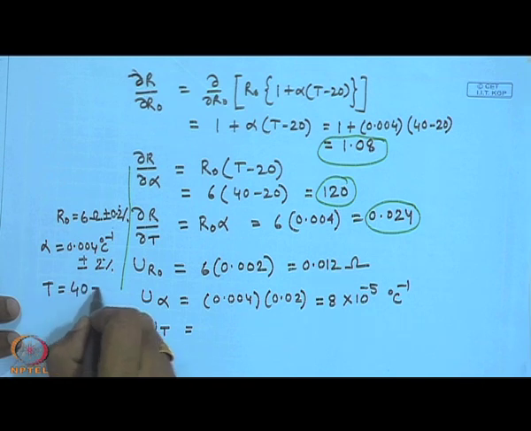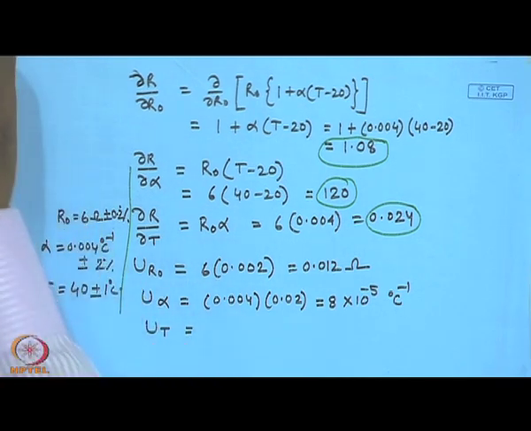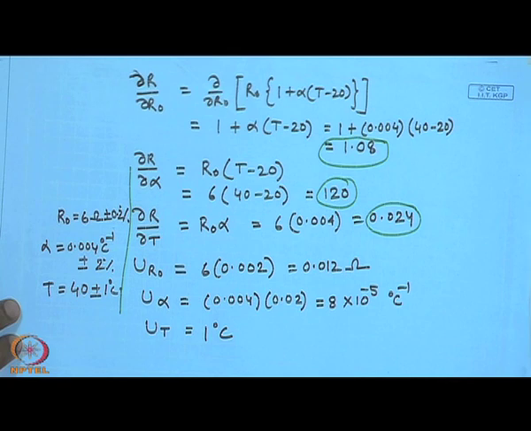So, 40 plus minus 1 degree Celsius. So, you obtain the values of u R0, u alpha and u t from these given values. U t is straight away known as 1 degree Celsius.